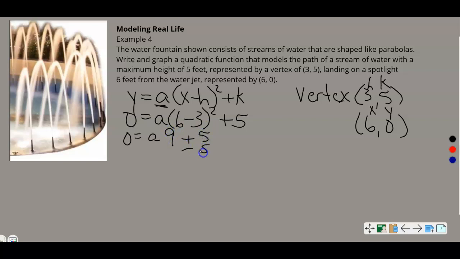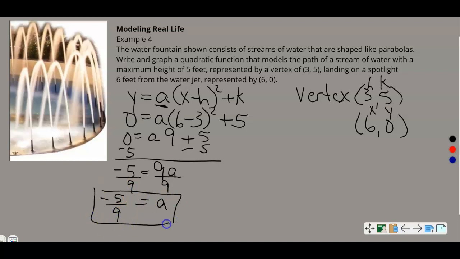So we're going to subtract 5. So we have -5 equals a times 9, which is the same thing as 9a. Let's divide both sides by 9. A equals -5/9.